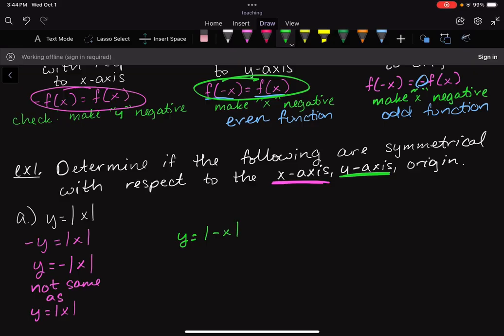And for this one, if you plug in absolute value of negative x, absolute value just gets rid of any kind of negative, right? Like a negative x would be the same as positive x in an absolute value. You know, negative 1 in an absolute value is 1, 1 in absolute value is 1. So this one, yes, they are the same.